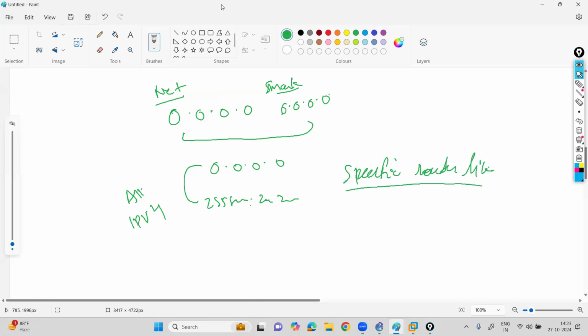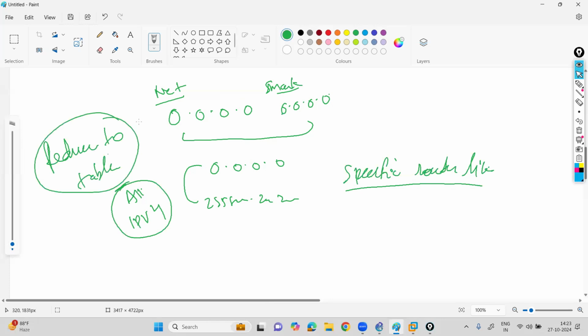I'm asking that the stub area will convert the LSA into default routes, and the default route will accept all the IP addresses. Then what is the reason behind using this stub area? I think it's to reduce the tables. That is the only reason to do that.